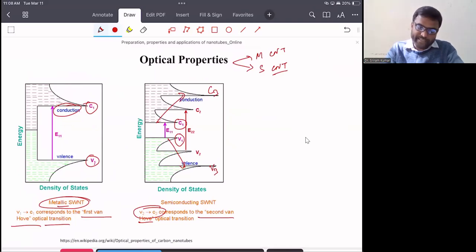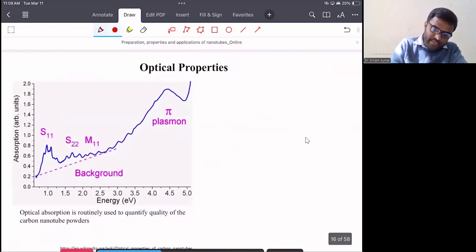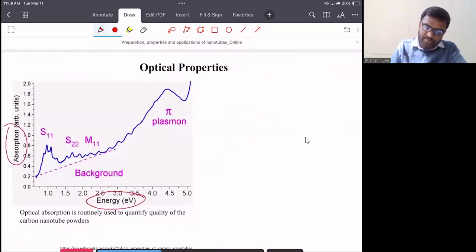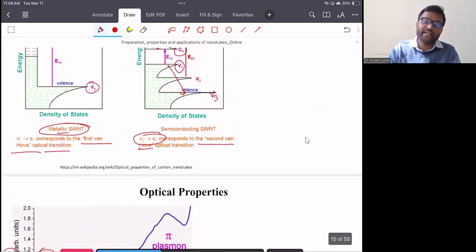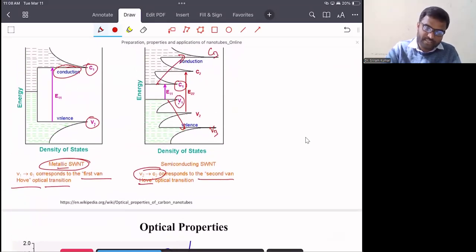If you combine these energy transitions in UV spectroscopy, we have the absorption between the energy levels. So here we have S11. This S11 is because of the transition in the semiconducting CNT, and this 11 denotes the transition from V1 to C1.